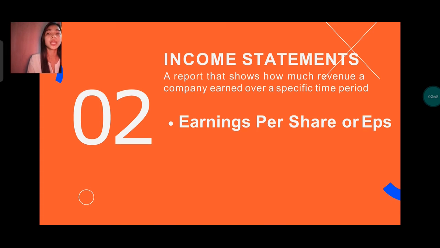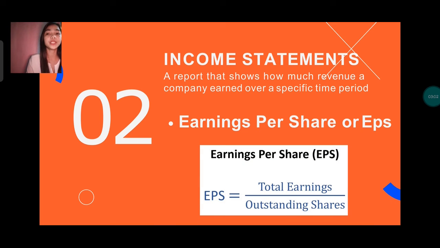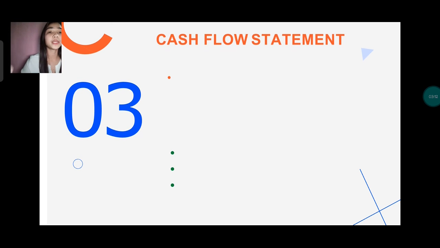This calculation tells you how much money shareholders would receive for each share of stock they own if the company distributed all of its net income for the period. To calculate the EPS, you take the total net income and divide it by the number of outstanding shares of the company.